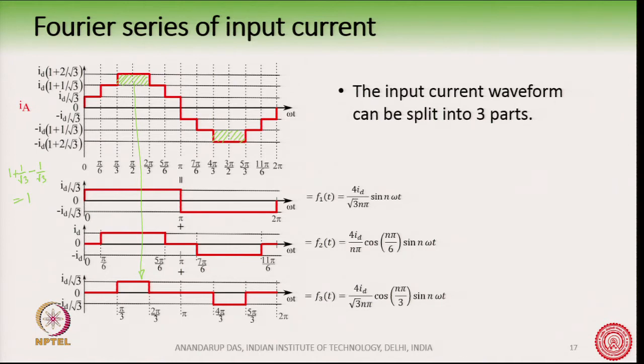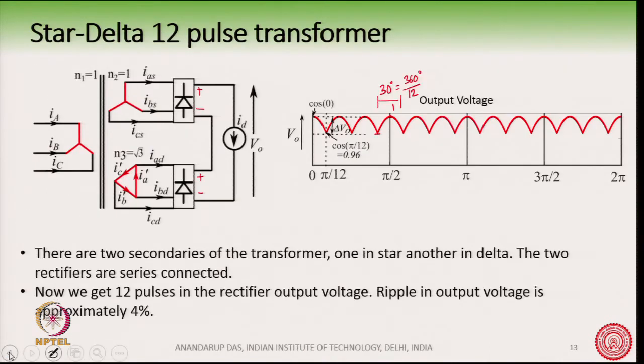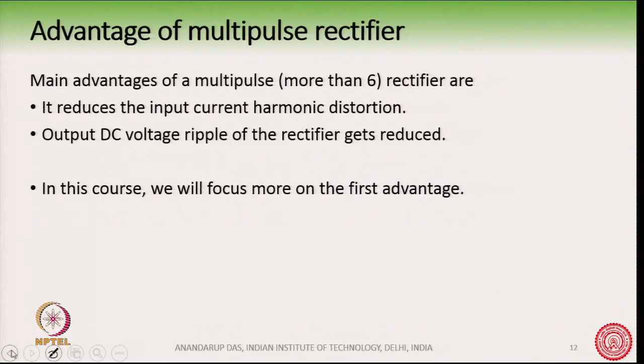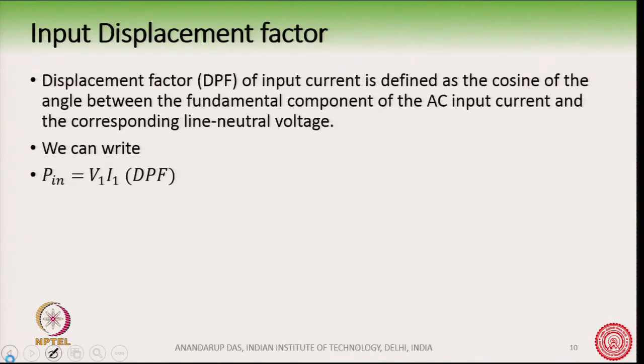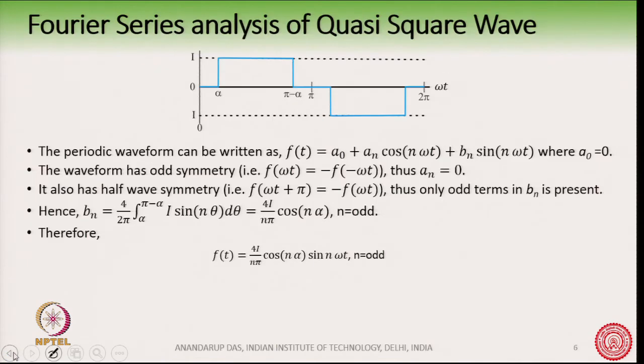What had we derived? Let me go back and check this formula. We had seen that f t is equal to 4 Id by n pi cos n alpha sin n omega t.